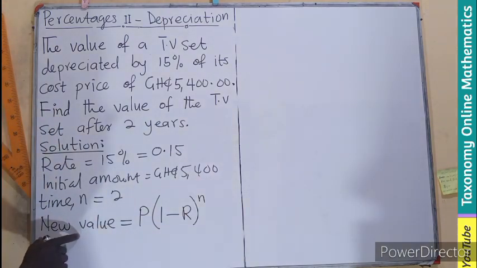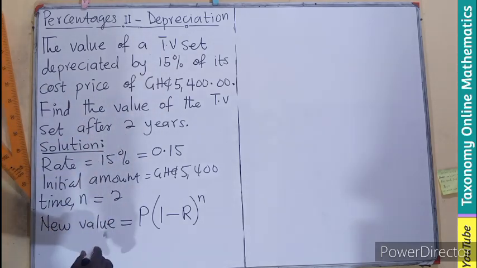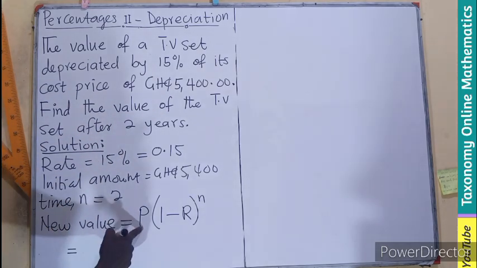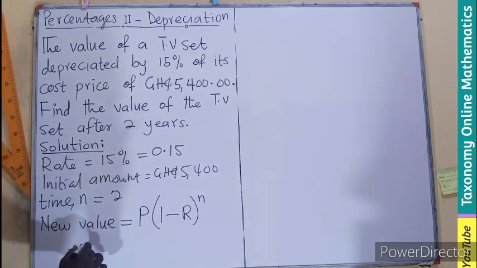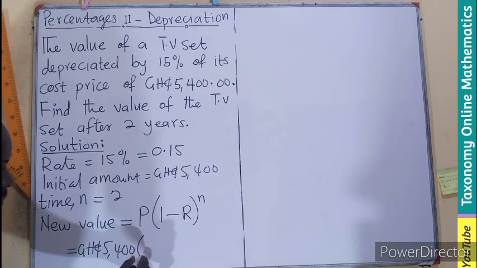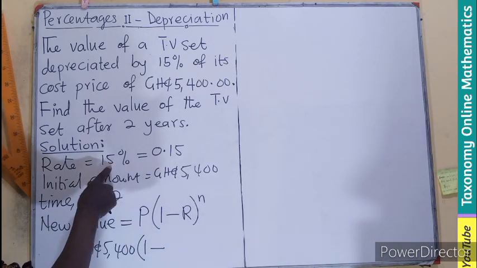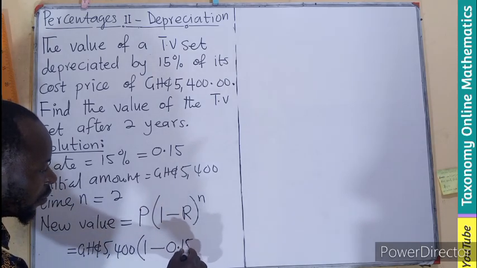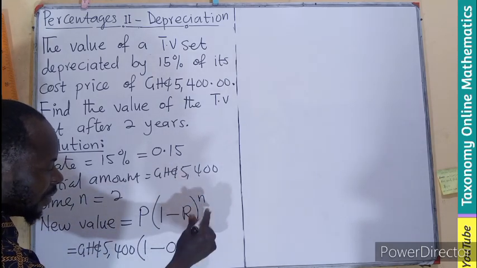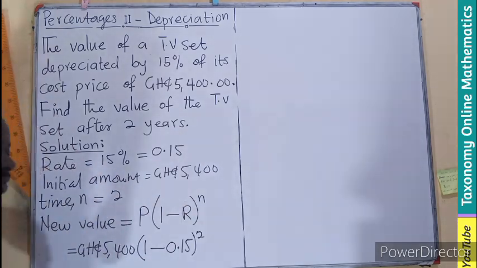So this new value that we are looking for, the value of the TV after 2 years, will just be equal to P, which is representing the initial amount, 5,400, multiplying 1 minus the rate. Remember, it is a percentage in decimal. So 0.15. Then raised to the power 2, where this 2 is the n we have there.